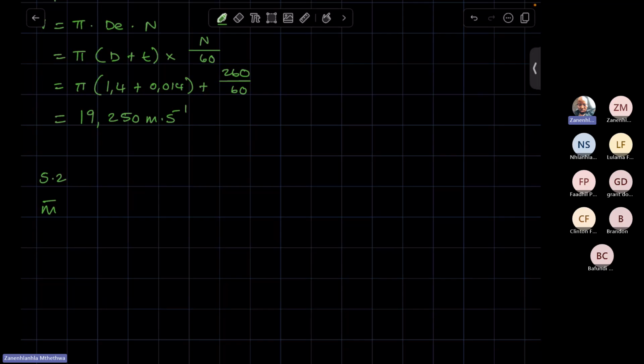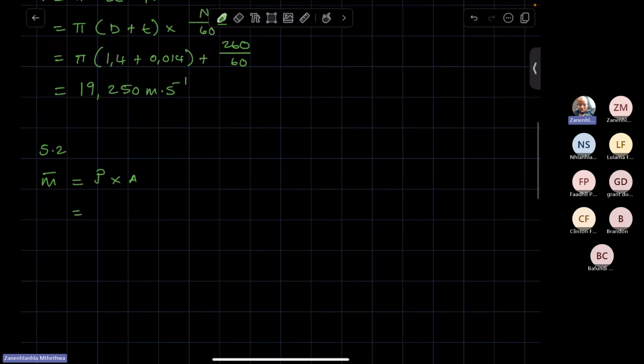Now this will be equal to, so they've given us rho. So the mass of the belt in terms of rho will be rho times the area, essentially. Now the area of a flat belt, remember we established that since we've been given thickness, this is an indication that this is a flat belt. So the area of a flat belt is equal to the width times the thickness of the belt.